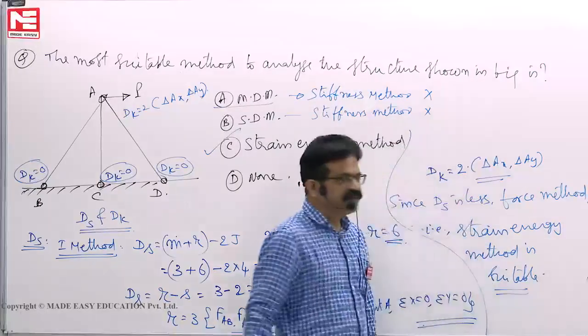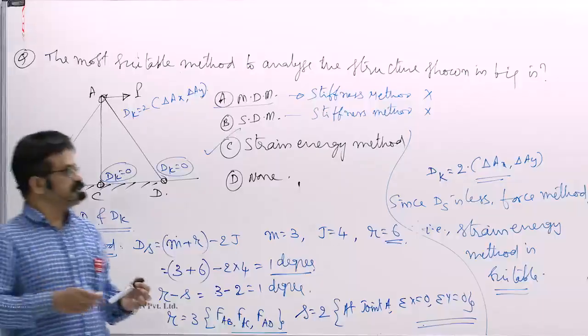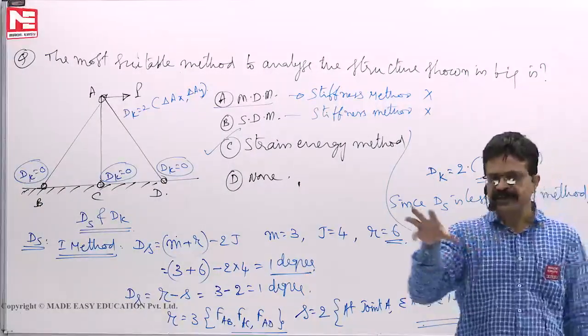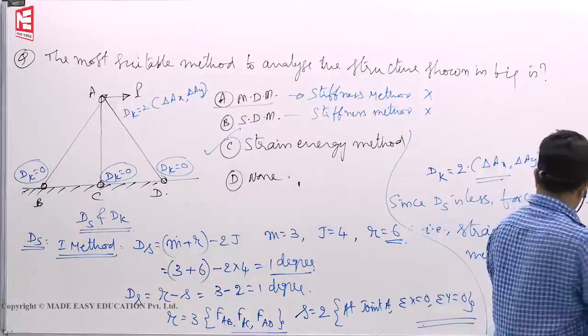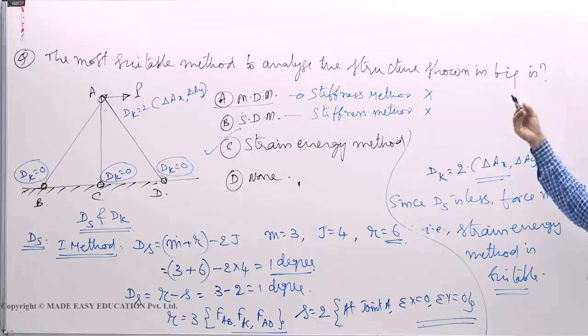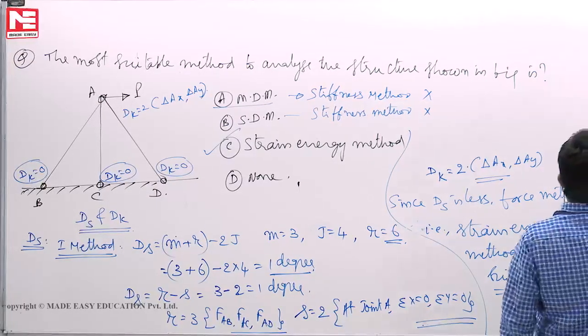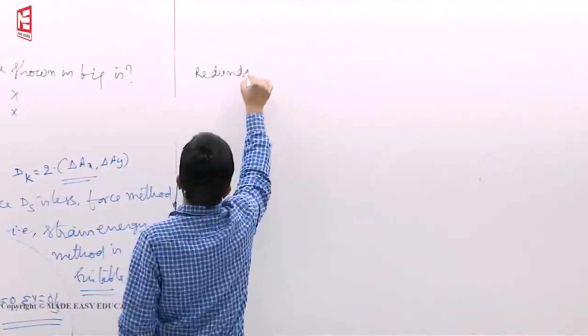For statically indeterminate structures, ds is equal to 1. For indeterminate trusses, I didn't give you any numerical example because within the stipulated 2 minutes we cannot solve it. This is what you have studied. In the mains, when you come back, I will again tell you all the cases. How to find the redundant force? This is the case.